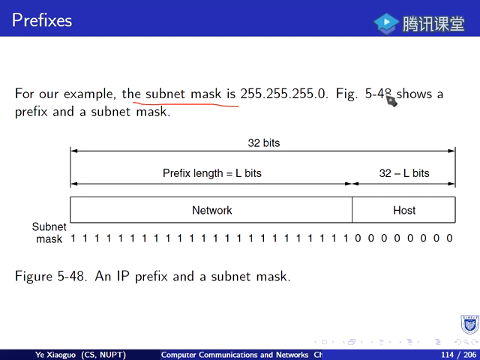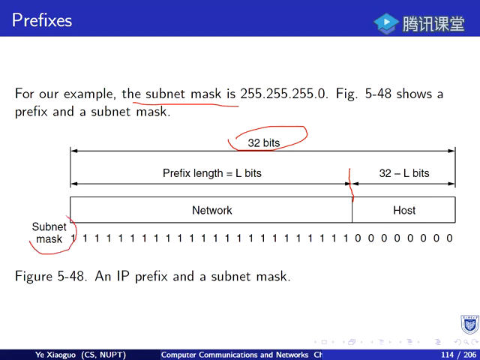Figure 48 shows a prefix and a subnet mask. The total length of an IPv4 address is 32 bits. Let the prefix length be L. The remaining length is 32 minus L. So the network portion has L bits, and the host portion has 32 minus L bits.